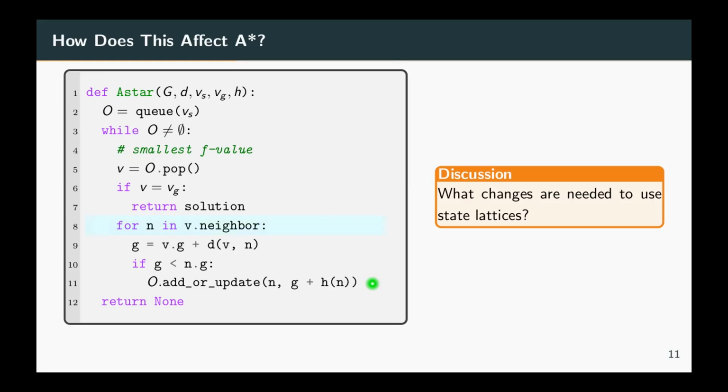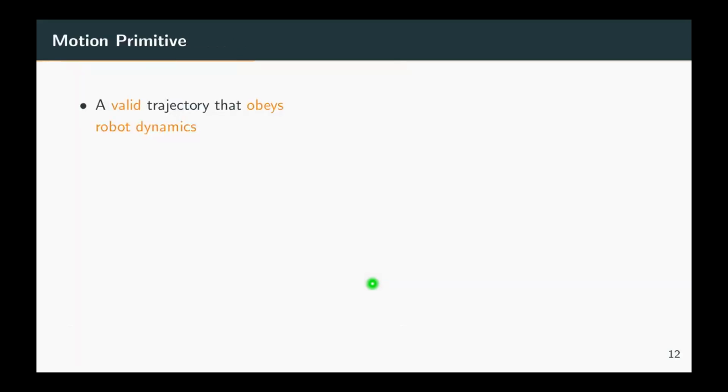Okay, then I think that's mostly it. And so before I formally define how we can update the neighbors, let's now look at what a motion primitive actually is, because then we can also define how the neighbors should look.